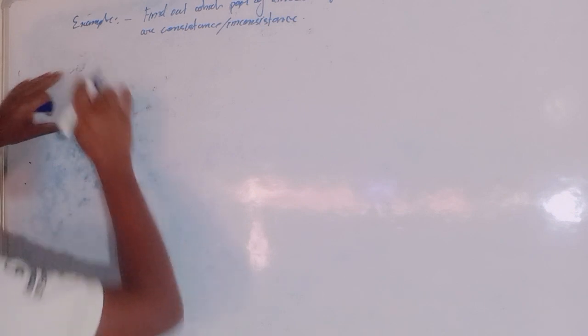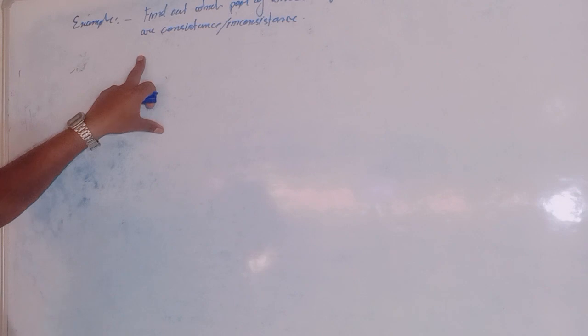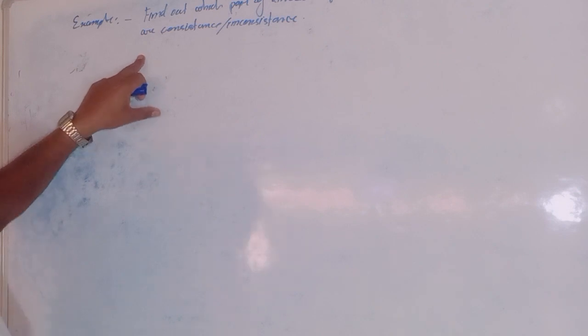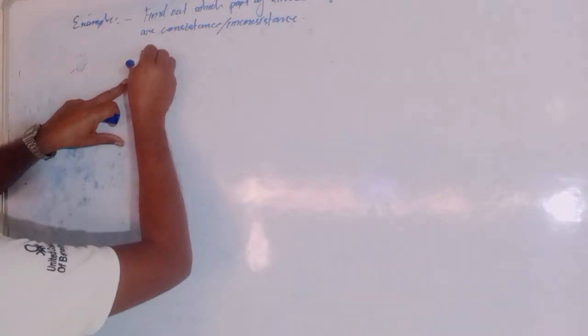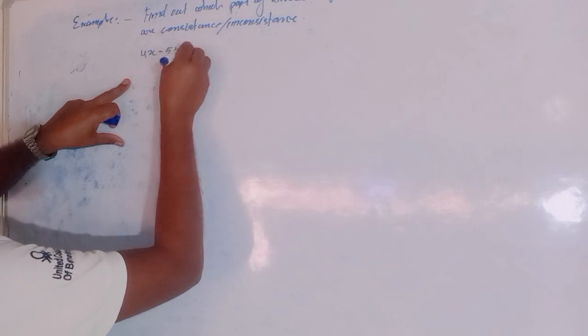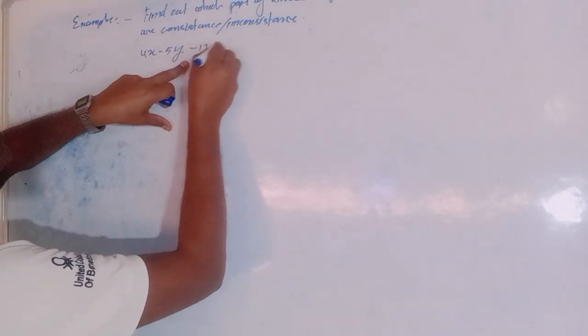The equations are given here. The first equation is 4x minus 5y minus 12 is equal to 0.